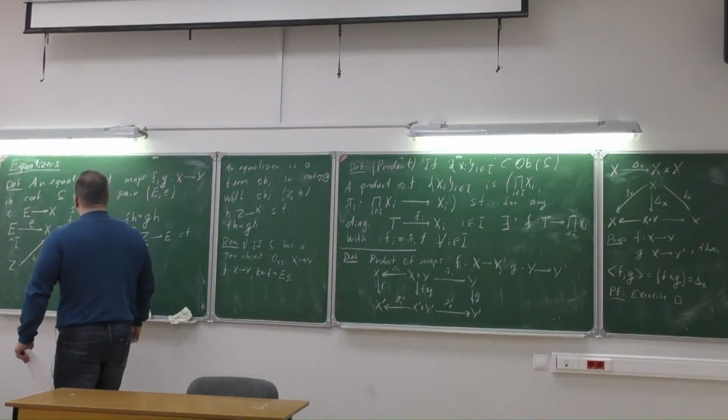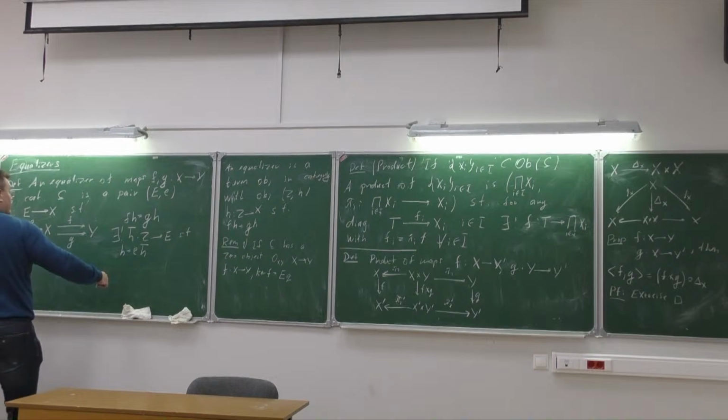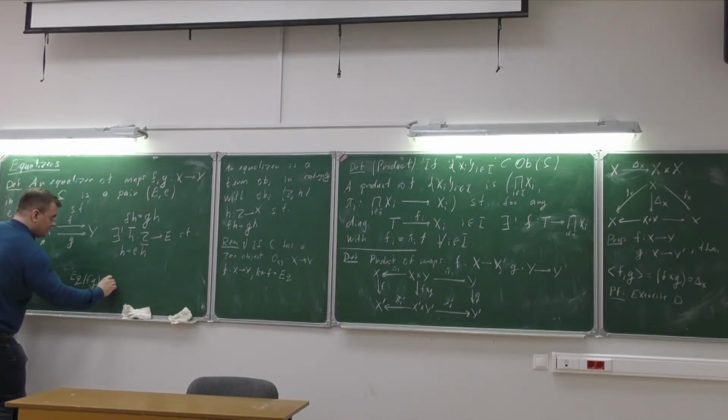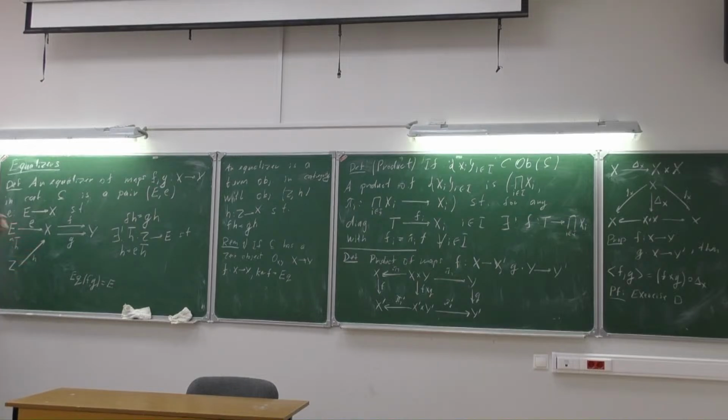Well, sometimes it's also useful to have notation. So the equalizer of F and G is E. Again, formally speaking, I need to say that the equalizer is a pair, but usually the object is important and the map is understood from the context.